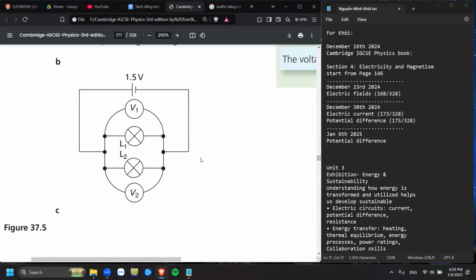So it means that the difference in voltage between this point here and this point there is still 1.5 volt. Doesn't matter if you connected 100 lamps or whatever, or only two lamps. The difference between these 2 points is still 1.5 volts. You know what I mean? Yeah, I know what you mean.